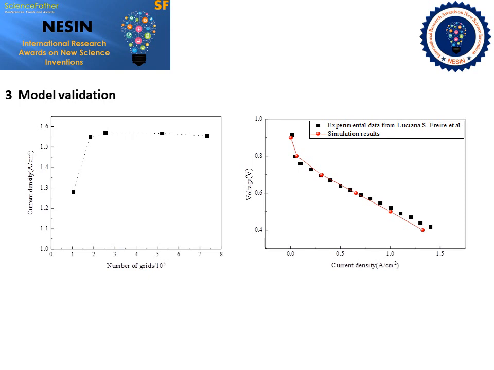at 0.6 V output cell voltage respectively, and the cell current density tends to be stable with an increase of grid number. The cell current density tends to be stable when the number of grids is more than 25 million.